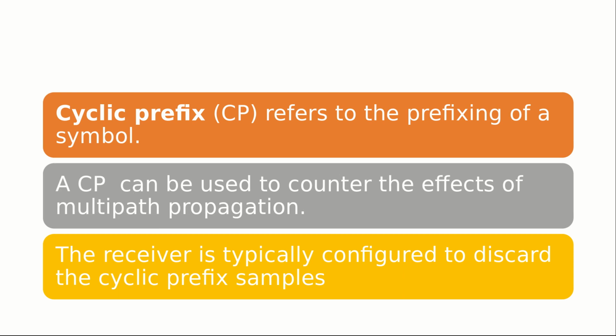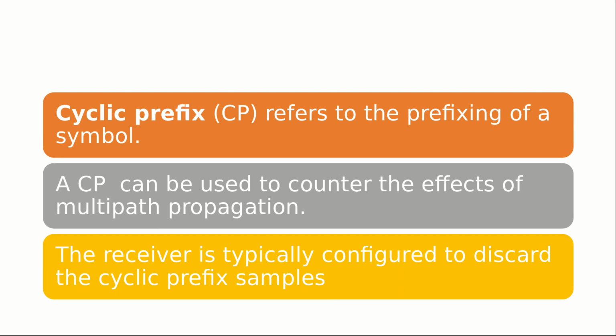When we send the signal from the base station to the UE or the UE to the base station, it will pass through multiple paths. For example, sometimes it will hit a building and reflect, pass through some trees and scatter, or hit a vehicle.